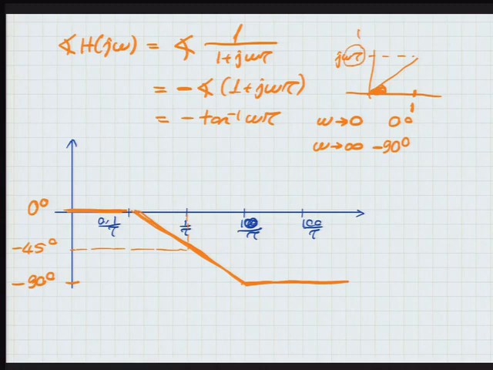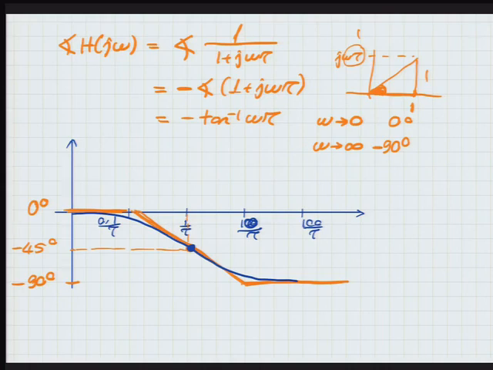When this is 1, and this is also 1, right? So it's actually 45 degrees. So at this point, there's no error. So the true phase plot for the frequency response would look more smooth, of course, than the straight line approximation. It would look more like this. But at this point, it would actually match the Bode approximation. Okay?